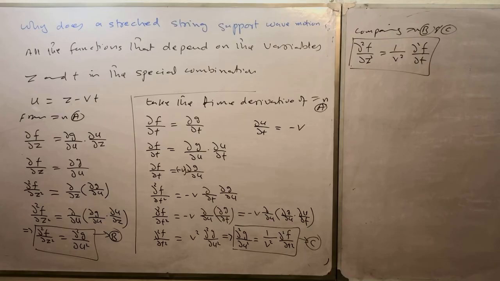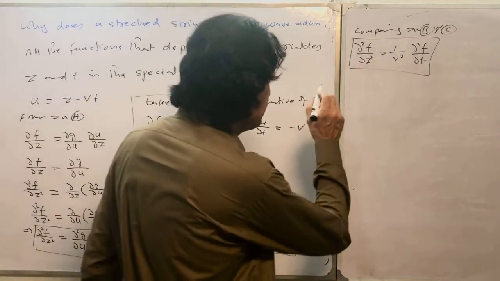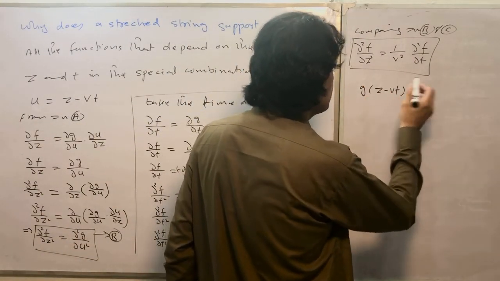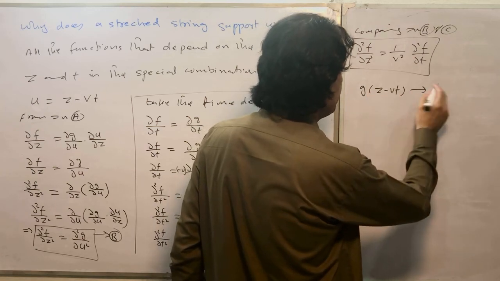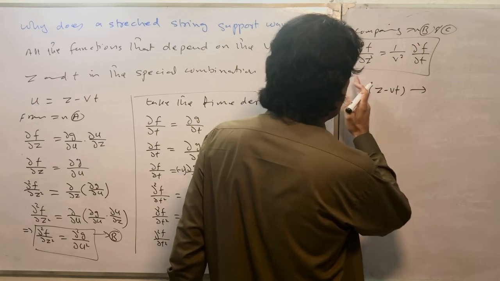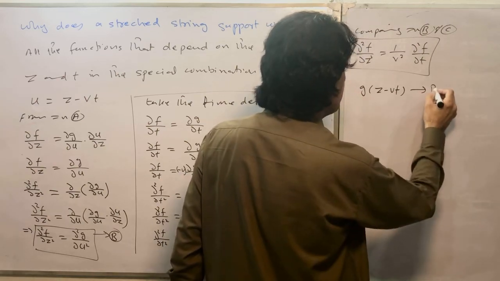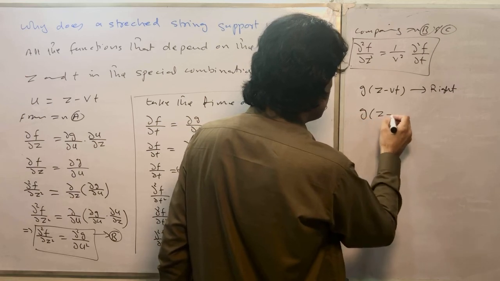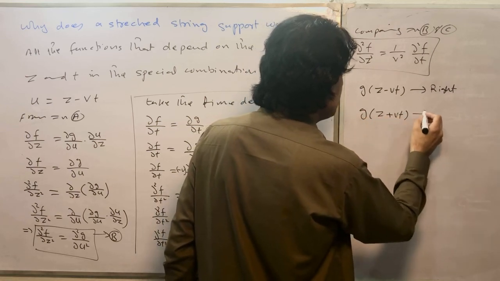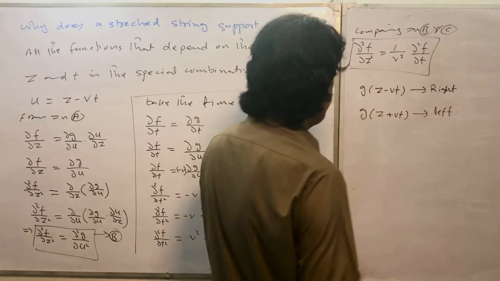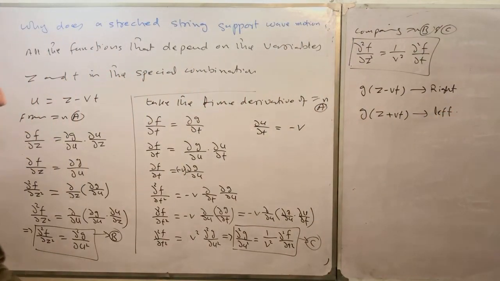Then I will define g of z minus vt as the wave moving to the right, and whenever g is equal to z plus vt, then it means that the wave is moving to the left.